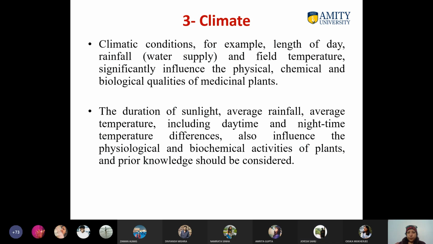Yes, ma'am. Okay, now I come to the third point, that is the climate. Okay. Yes, Dipanshu. Dipanshu, am I audible? I think he's not there. Yes, ma'am. Dipanshu, just open your webcam. Can you see the slides? No, slide is not visible.